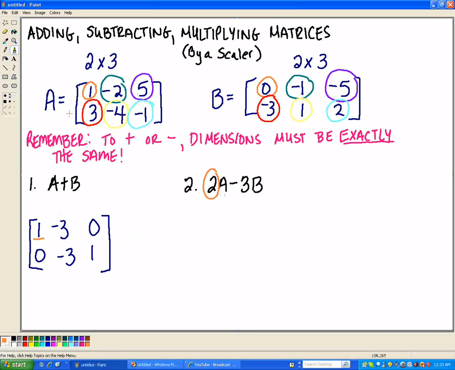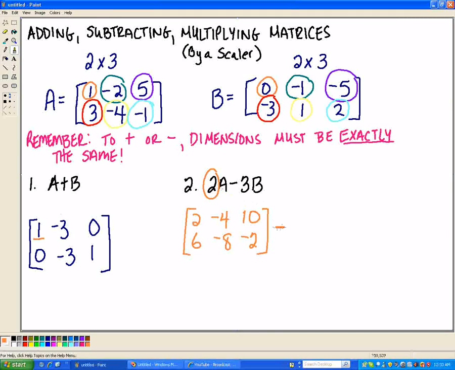So for 2 times A, I'm just going to multiply every single element. 1 times 2 is 2, -2 times 2 is -4, 5 times 2 is 10, 3 times 2 is 6, -4 times 2 is -8, -1 times 2 is -2.